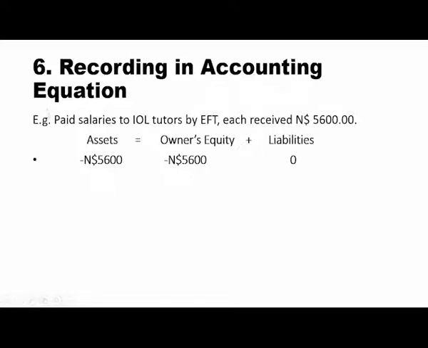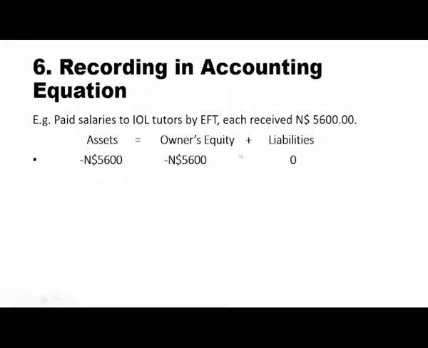For example, a given transaction there: paid salaries to IOL tutor by EFT, each received 5,600. You must first identify the two accounts involved, or which accounting headings are involved there.